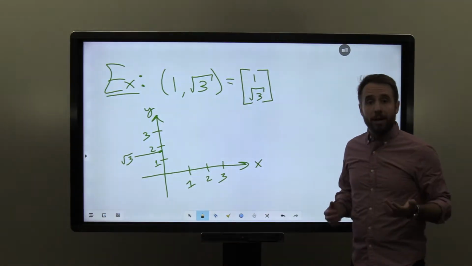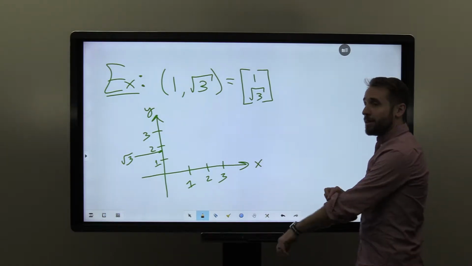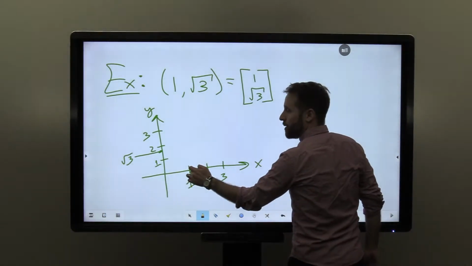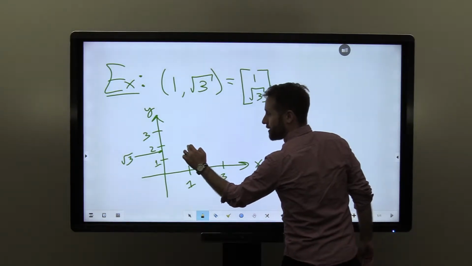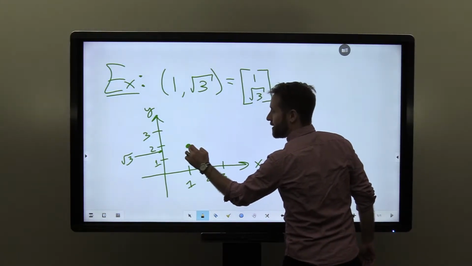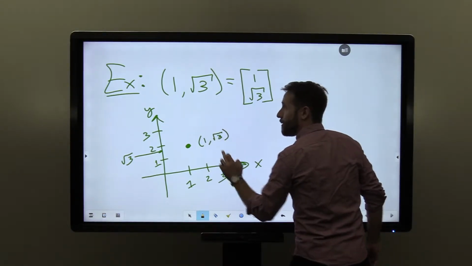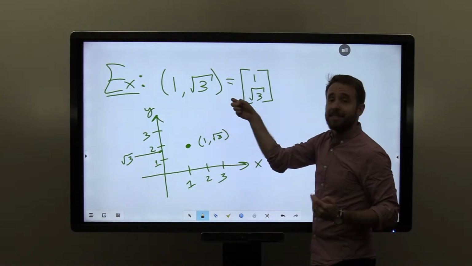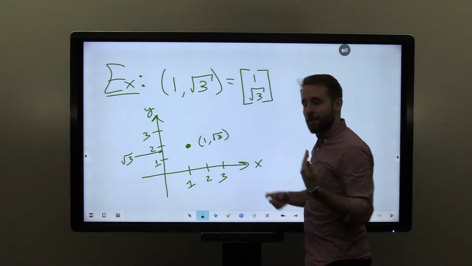So the point 1 comma root 3 would correspond to the point in R2 with an x value of 1 and a y value of root 3. And so that point right there would be the vector 1 comma root 3. In that sense, writing it like this is exactly the same thing as writing an x-coordinate comma y-coordinate.